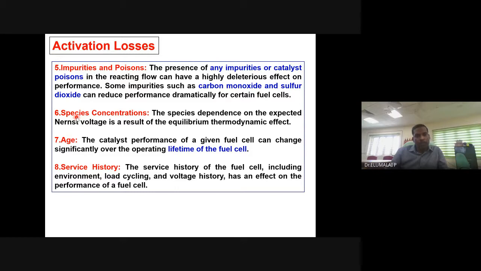Elevated temperature or low temperature, both have their own effect. Also, whether the fuel cell was used for load cycling or static applications will affect the activation losses.